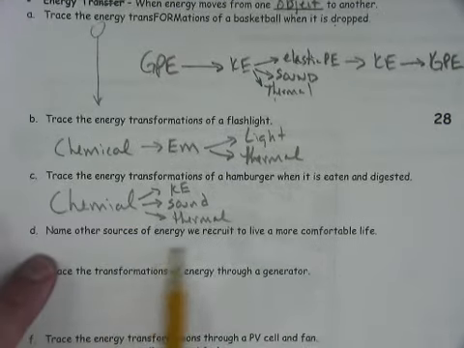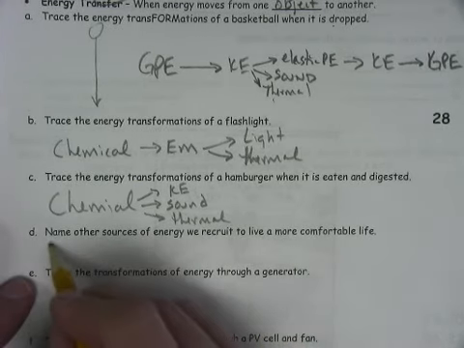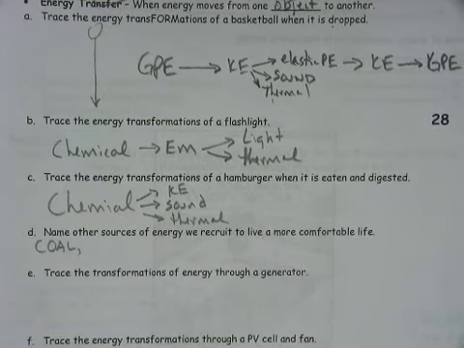Other sources of energy help us live a more comfortable life. Another form of energy is coal. When I lived in Springfield, Illinois, the power plant that provided the electricity for Springfield was a coal-powered power plant. It would burn coal. That coal would produce heat.